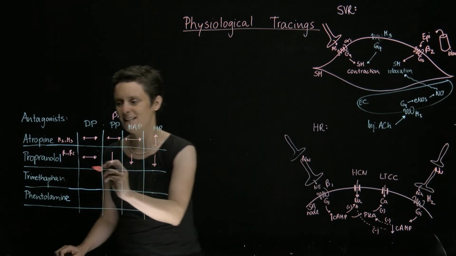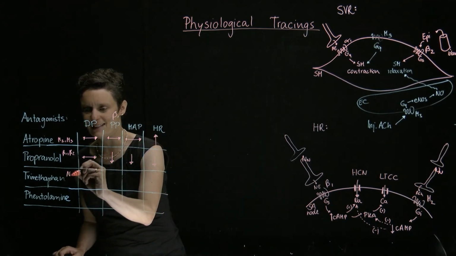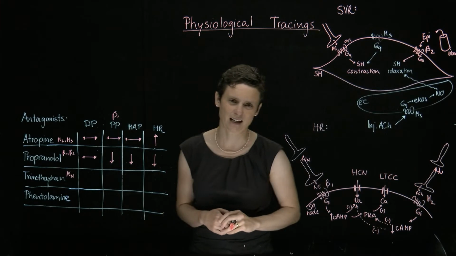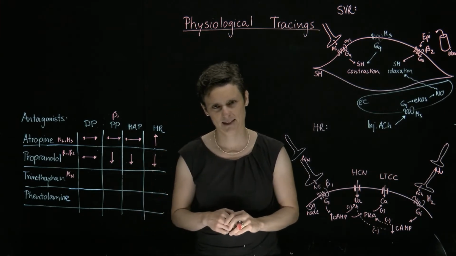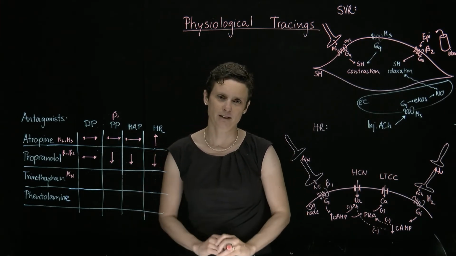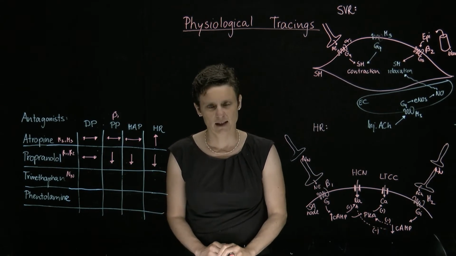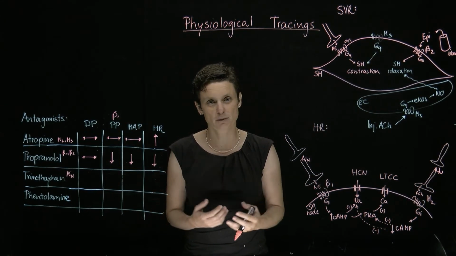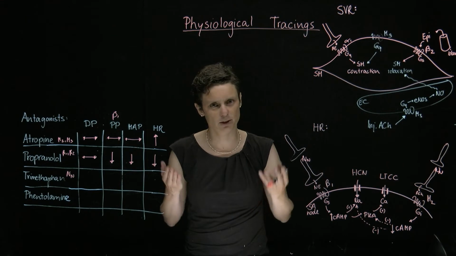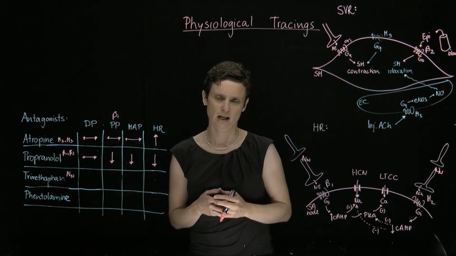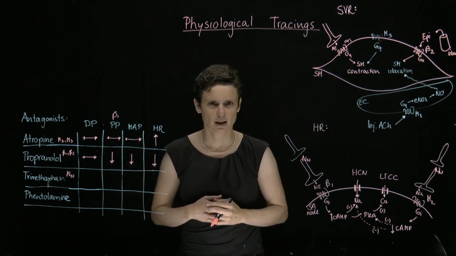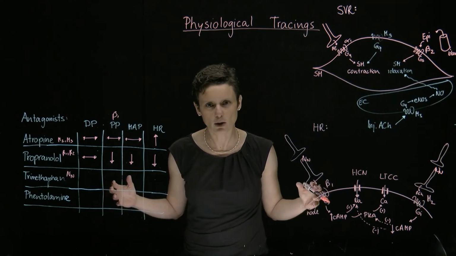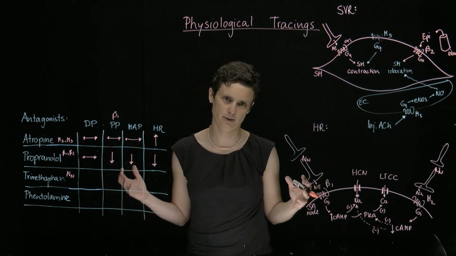Now, the next is trimethaphan, and this is a NN antagonist. This is a ganglionic blocker. So NN receptors sit in peripheral ganglia. So always when you have sympathetic innervation or parasympathetic innervation, it goes via the NN receptor. So when you use a ganglionic blocker, you basically take away all autonomic tone, all autonomic nervous system.